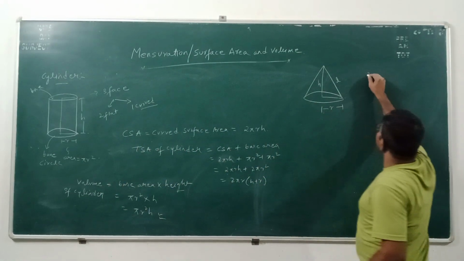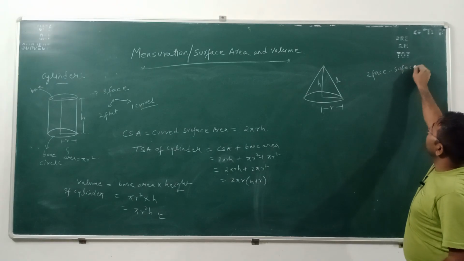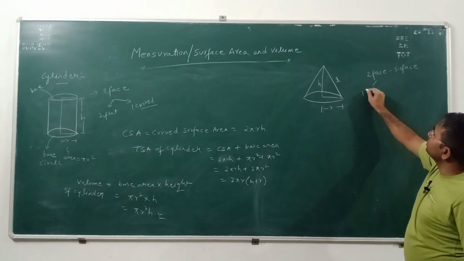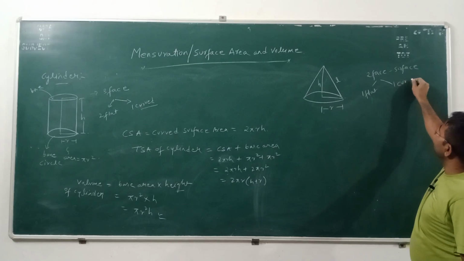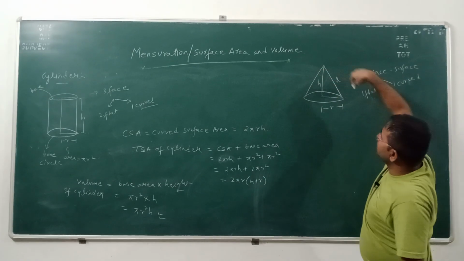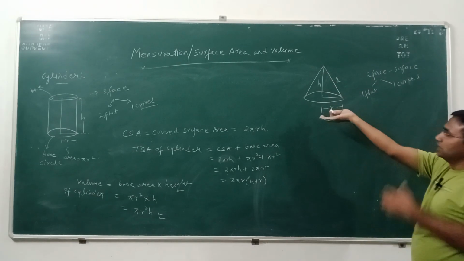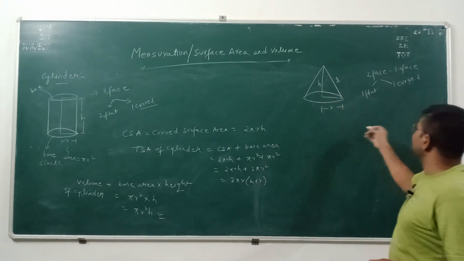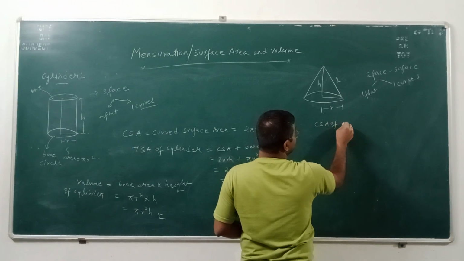In this, two faces are there, one flat and one curved. The round one is curved, and the bottom is flat, with area pi r square.